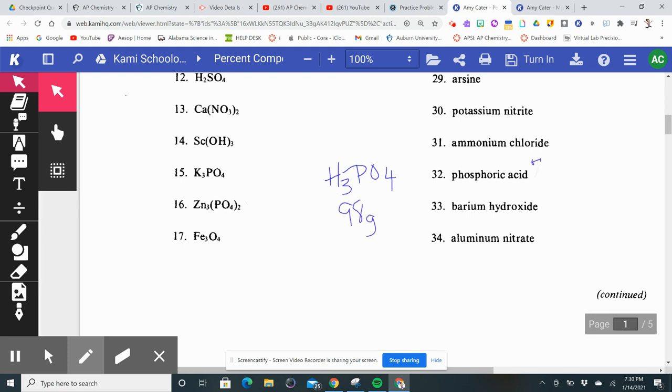So to find the percent hydrogen, that would be 3 divided by 98 times 100, and you would need to divide that out and actually find the percent.